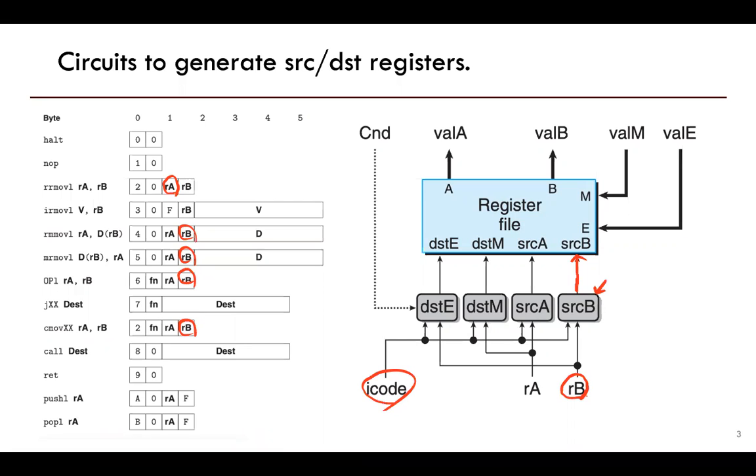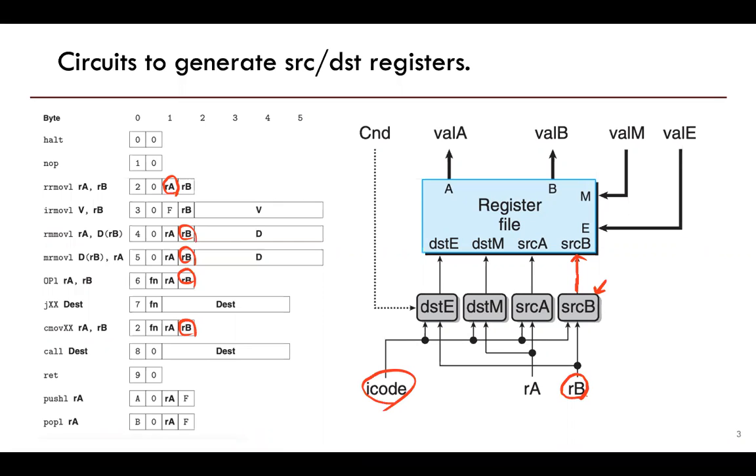What else? The OPq instruction. Yes, we need to read the RB register because RB is both source and destination. And even though we don't implement it, the conditional move also has to read RB.